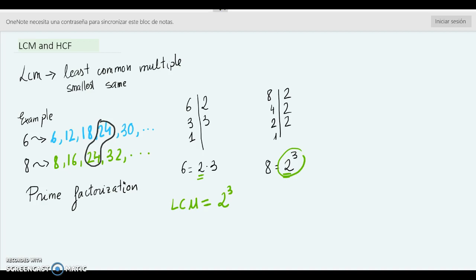And I have to put also the number 3. The number 3 is only here, so multiply by 3. As you can see, I don't repeat the factors, so I cannot put here again 2. Not possible. I cannot repeat the factors. So this is 8 multiplied by 3, 24.